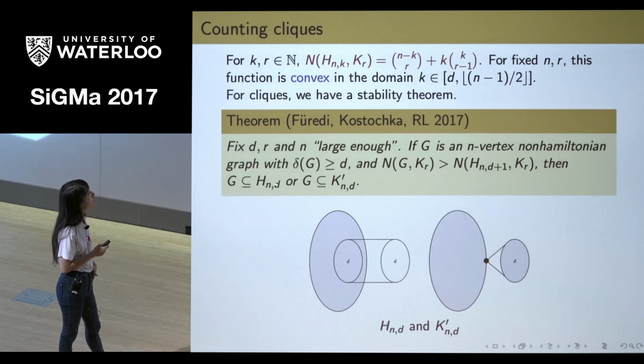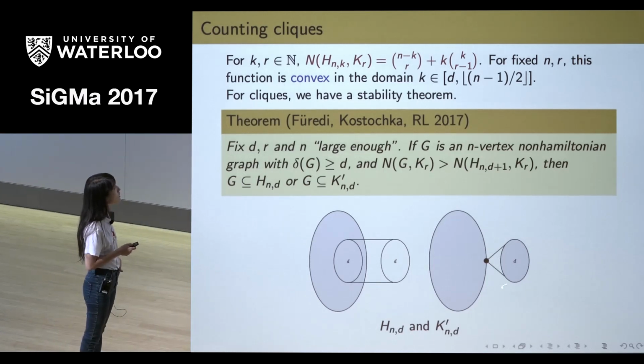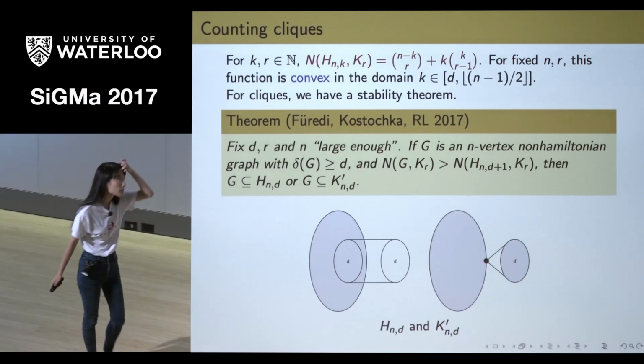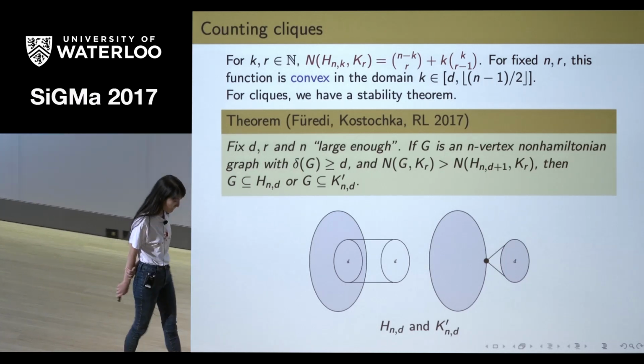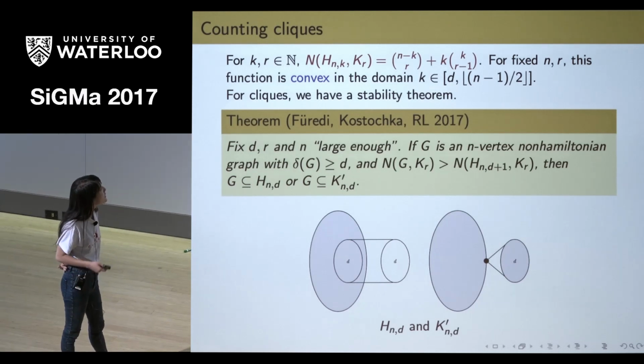G is either a subgraph of H(n,D), our first example, or G is a subgraph of this new graph K'(n,D). So here we have a clique of order n minus d, another clique of order d plus 1, and they share one vertex. Okay, so let's dissect what this is actually talking about.